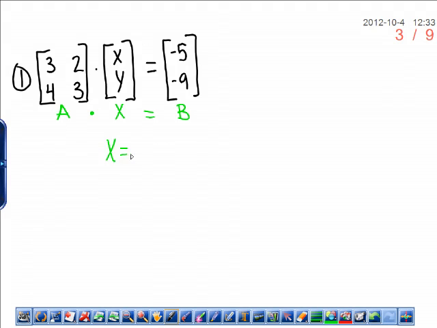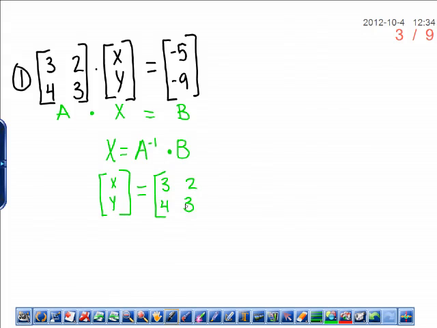So I get X equals A inverse times B. So let's write that out in matrices. I get the matrix XY equals, here's matrix A. To write the inverse of that, you put a little -1 at the top right corner, times matrix B. Okay?